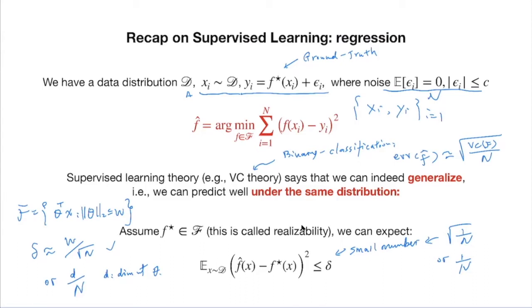How many unique labelings could you get? For a finite dimension problem, the VC dimension is d plus 1. Think about 2D cases. Your VC dimension is 3 in 2D. You can only shatter at most 3 points.